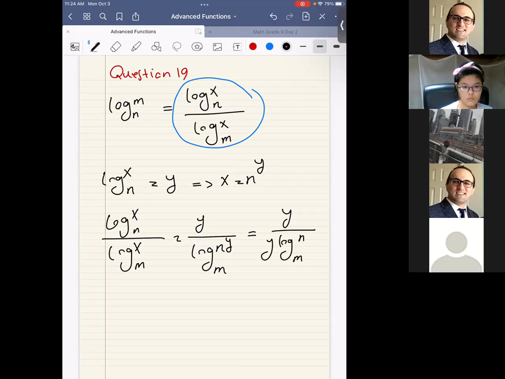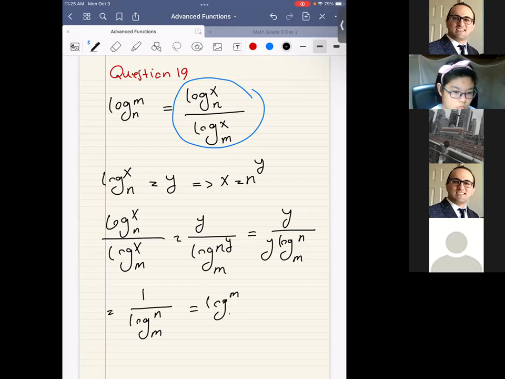So you get 1 over log of n with base m. And this is equal to log m with base n. Okay.